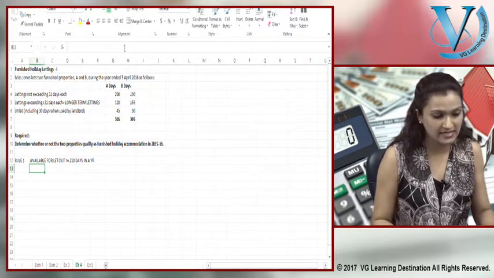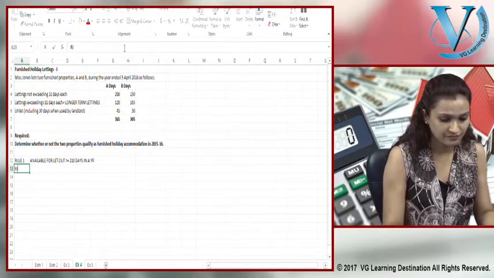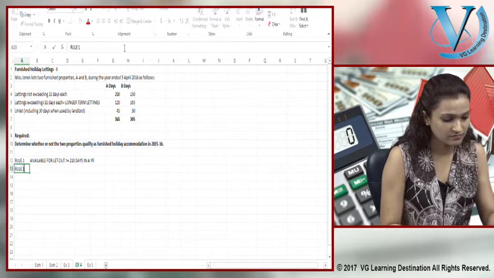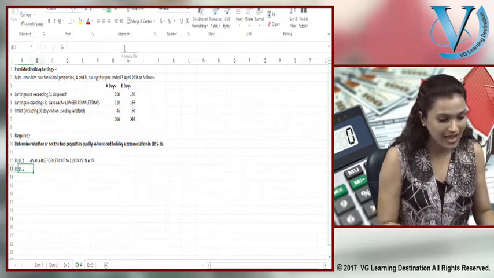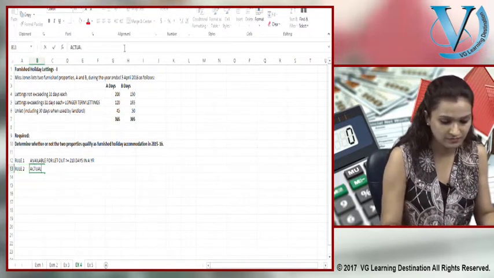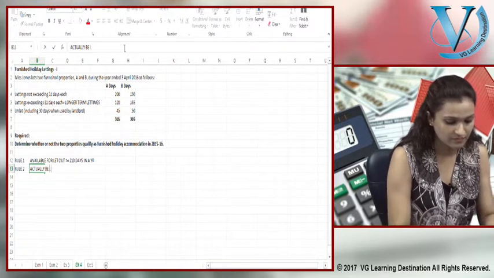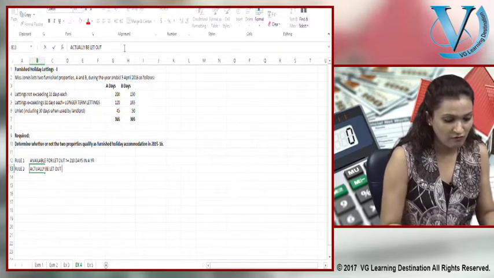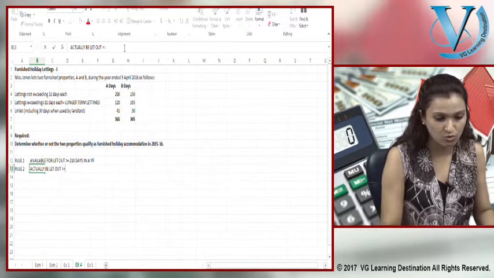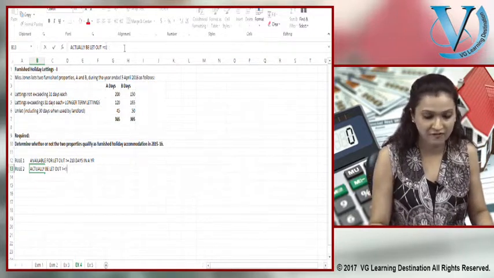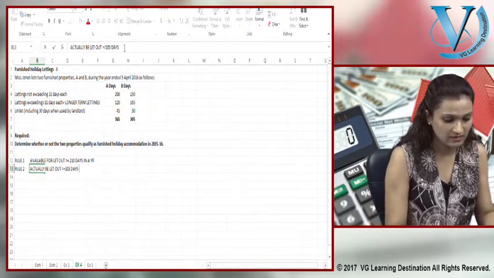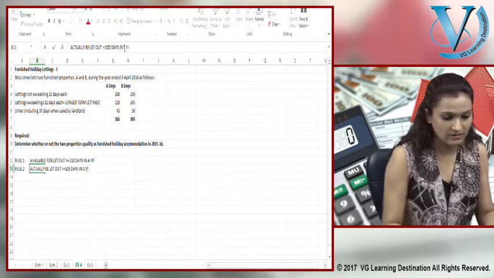Rule number 2 states that it should actually be let out for at least greater than or equal to how many days? 105 days in a year.